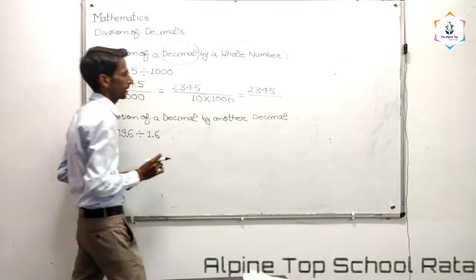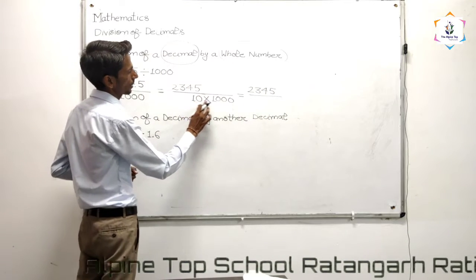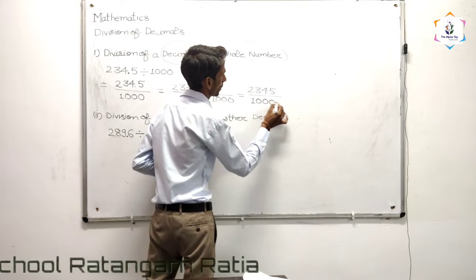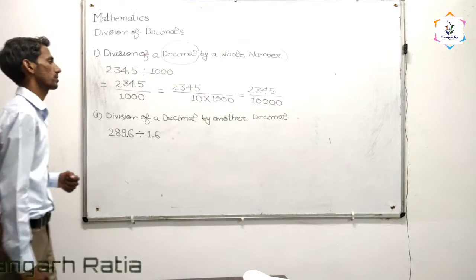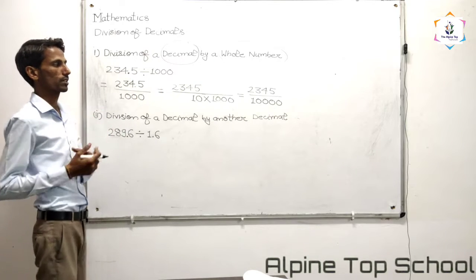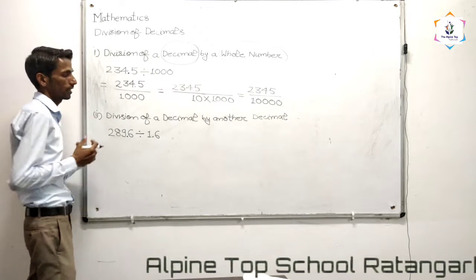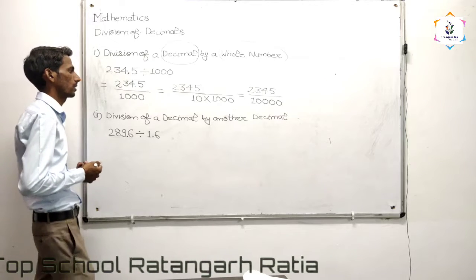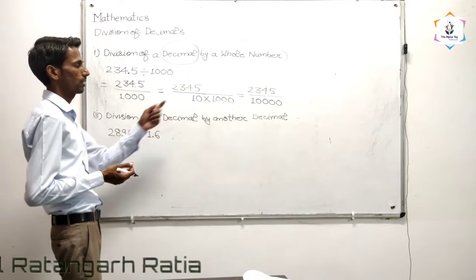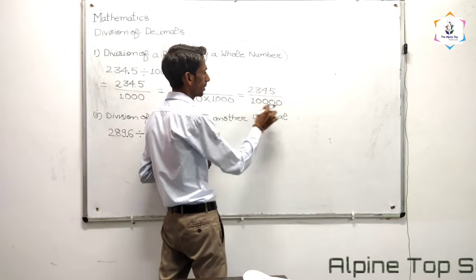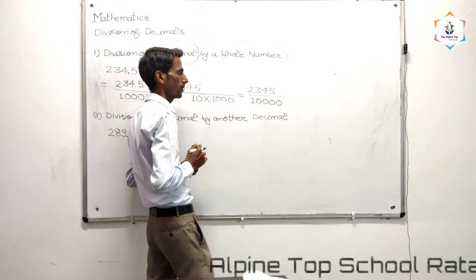Now you know very well, when you multiply 10 with 1000, you will get 10,000. Dear students, because you want to divide a decimal number by a whole number, obviously the answer will happen in the form of a decimal. Okay, it may happen. Now it means finally we have to convert the result into the form of a decimal.